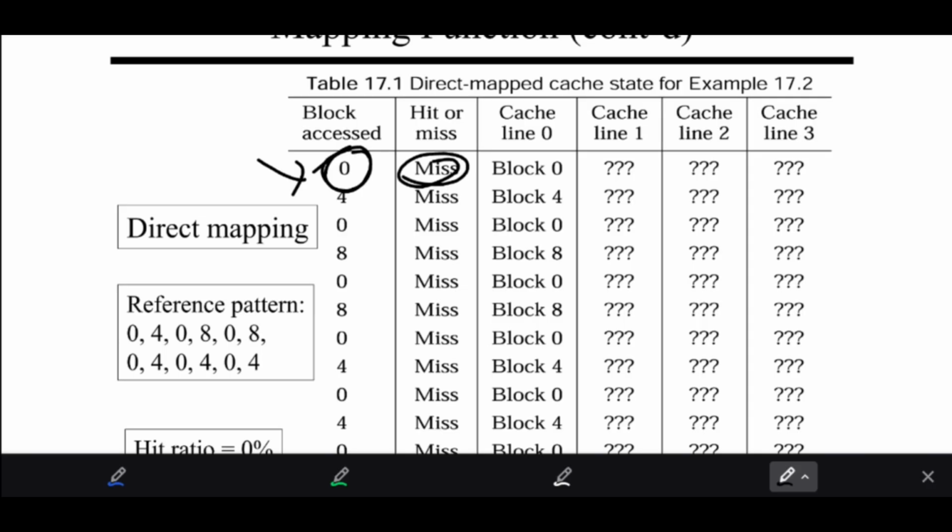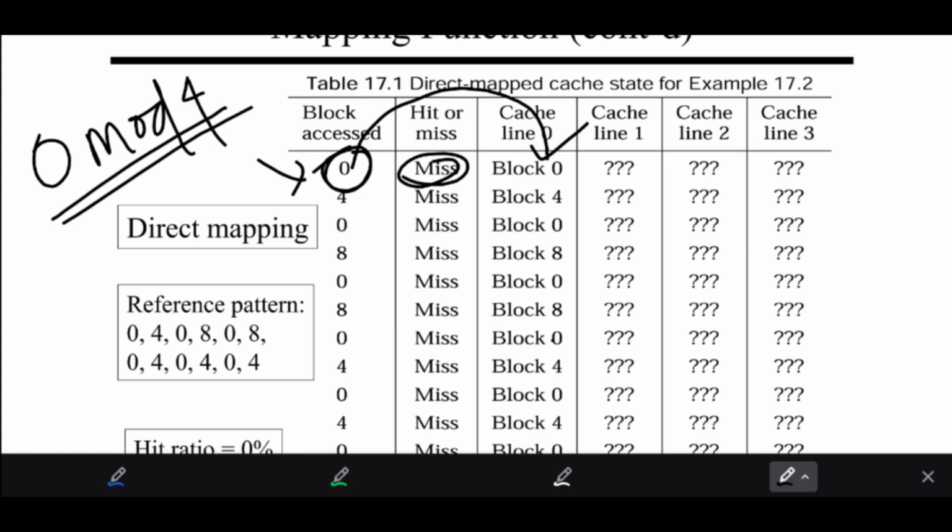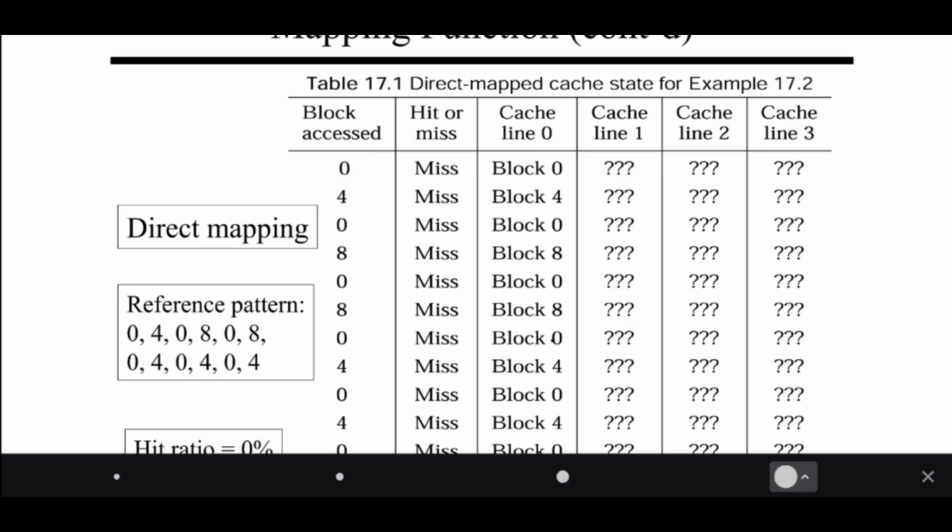At that time block 0 is loaded to the cache. How? 0 mod 4, because our cache has 4 lines, gives 0. So block 0 is loaded to our cache line 0.